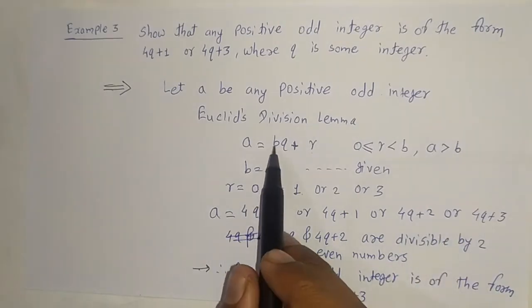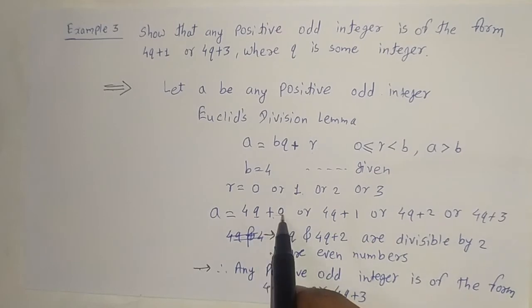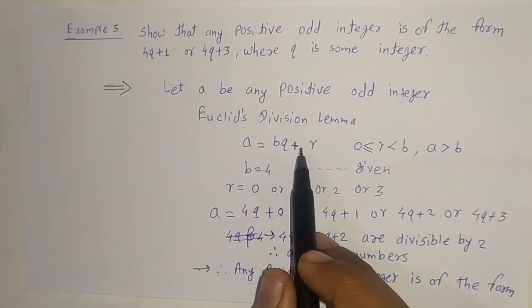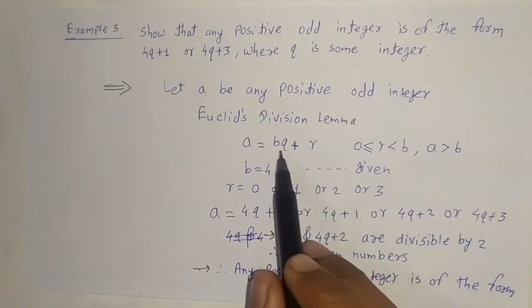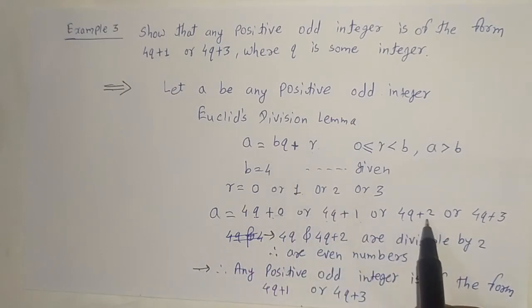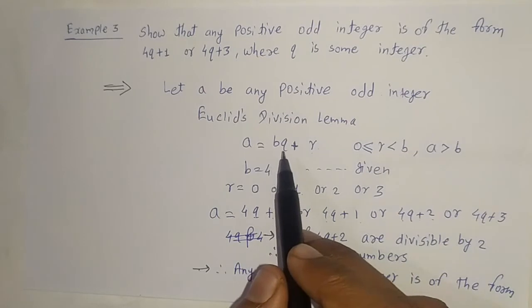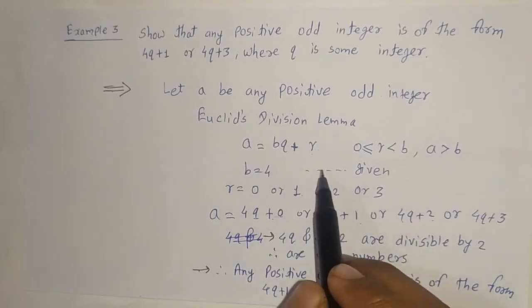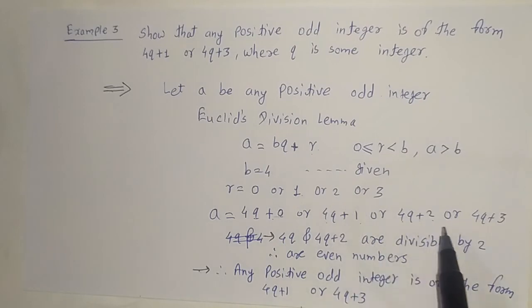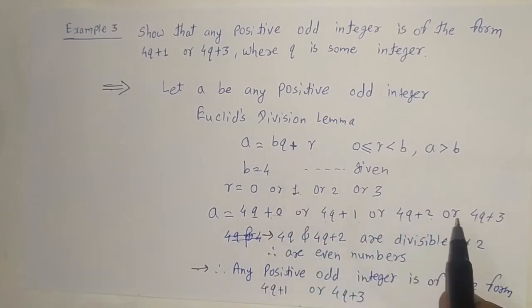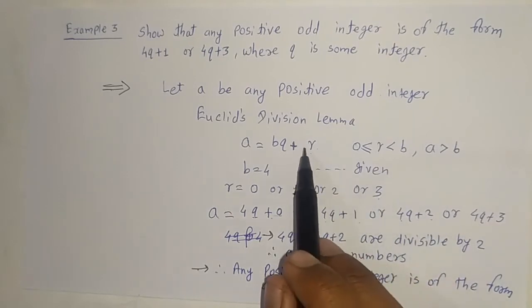So a can be 4q plus 0, or a can be 4q plus 1, or a can be 4q plus 2. We have just replaced the value of b by 4 and r by 2. Now replace b by 4, it will be 4q, and r by 3, it will be 3.